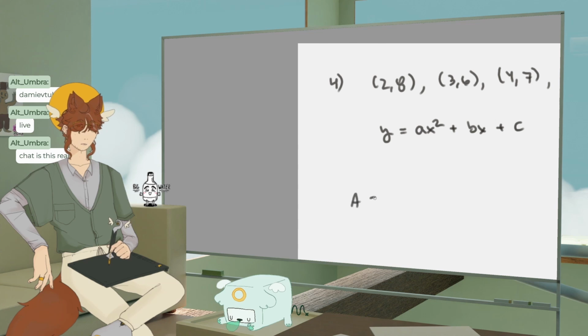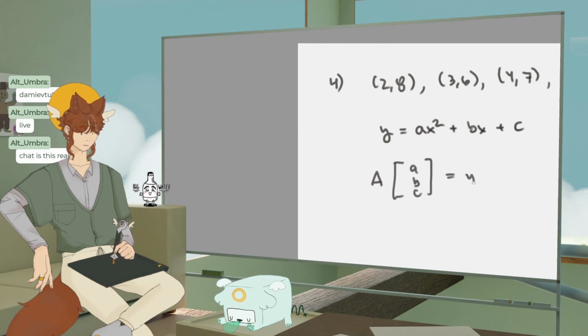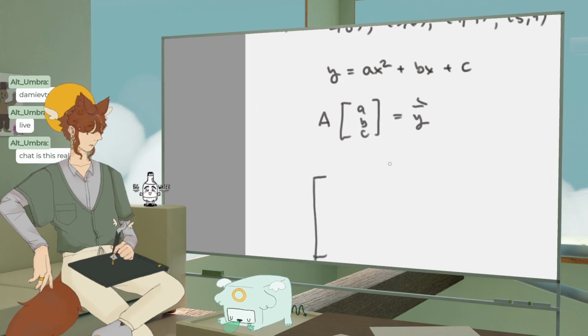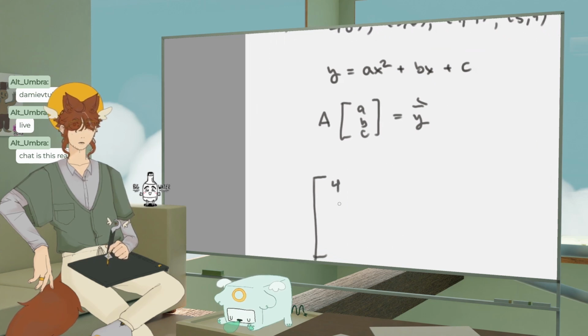All right, our A is going to be this. I'm going to do A, B, C, just so that we define that, equals y, and A is going to be our equation. I'm just going to speedrun it. Our first column is going to be the x squared, so 4, 9, 16, 25.